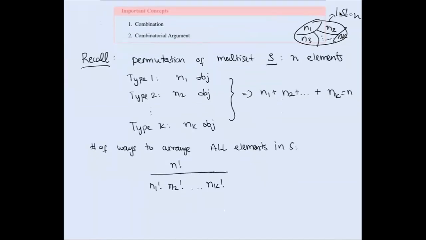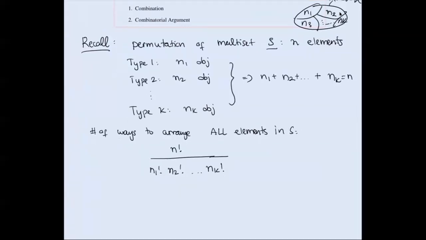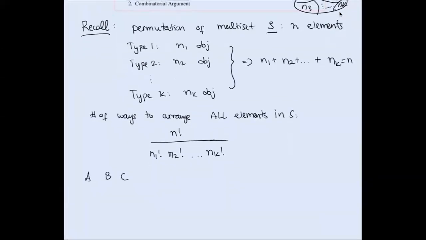So we were talking about this one. And how does this relate to combination? Let's say I have 3 objects, A, B, C, and I want to choose 2 objects out of the 3. Then I can choose AB, AC, or BA, right?